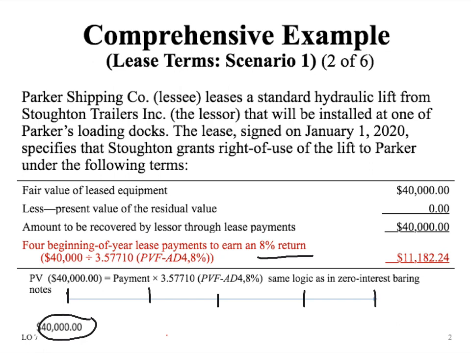And this logic to calculate the payment is very much the same as we do for zero interest bearing notes. So in this case, your present value, $40,000, will equal the payment that we're solving for, multiplied by the present value factor for an annuity due. And then if you take 40,000 divided by the factor, you will be able to solve for the payment itself.